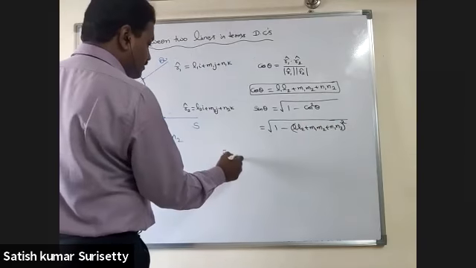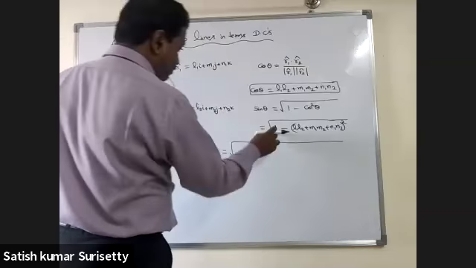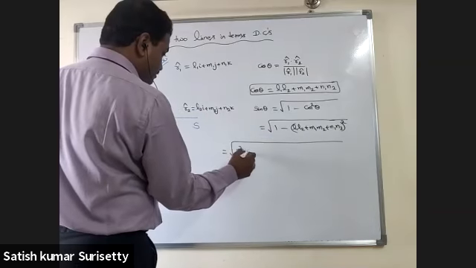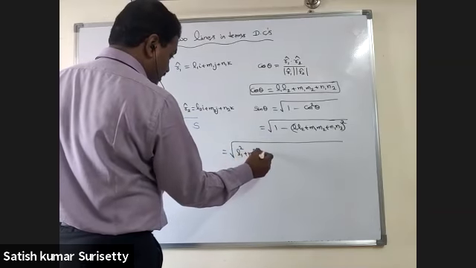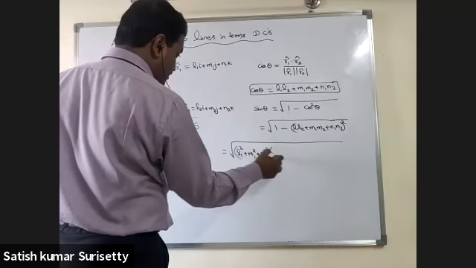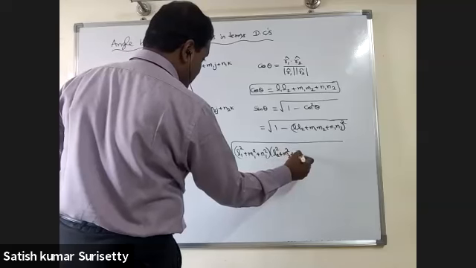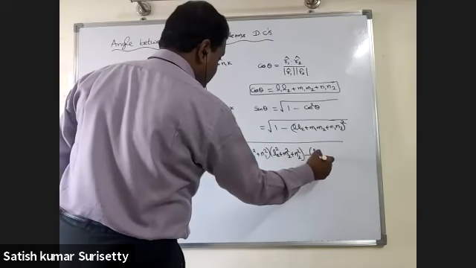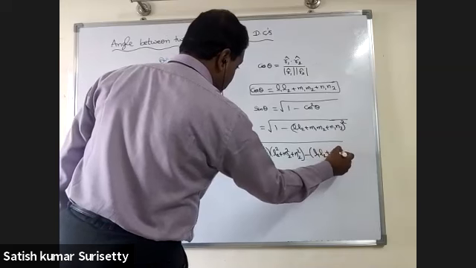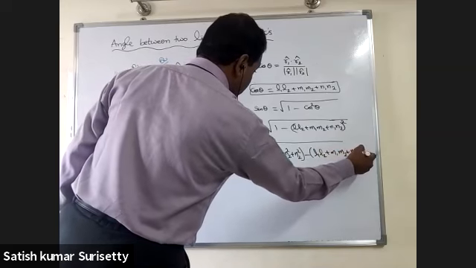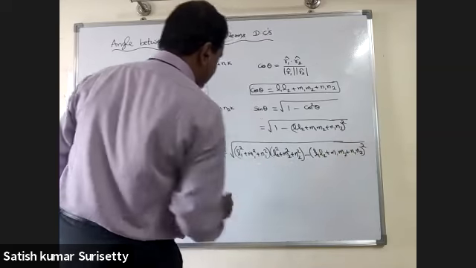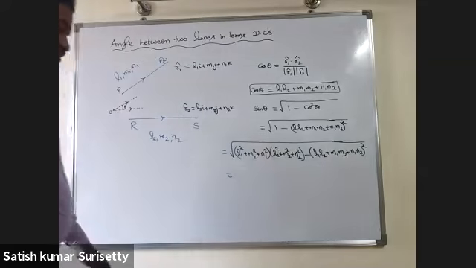We can simplify this further: 1 I can write as (L1 square plus M1 square plus N1 square) into (L2 square plus M2 square plus N2 square), minus (L1 L2 plus M1 M2 plus N1 N2) whole square. Now expand and simplify.